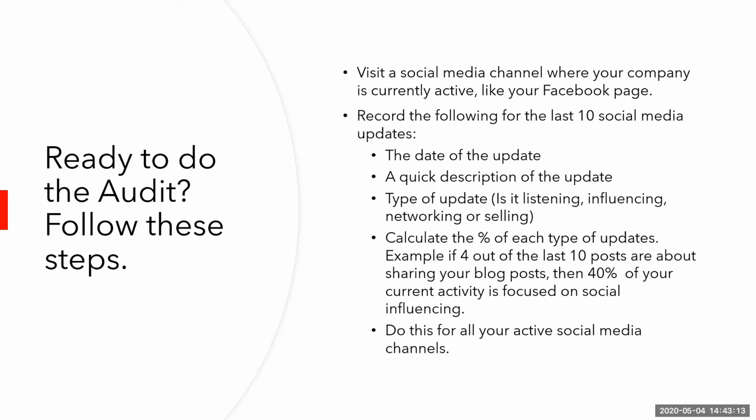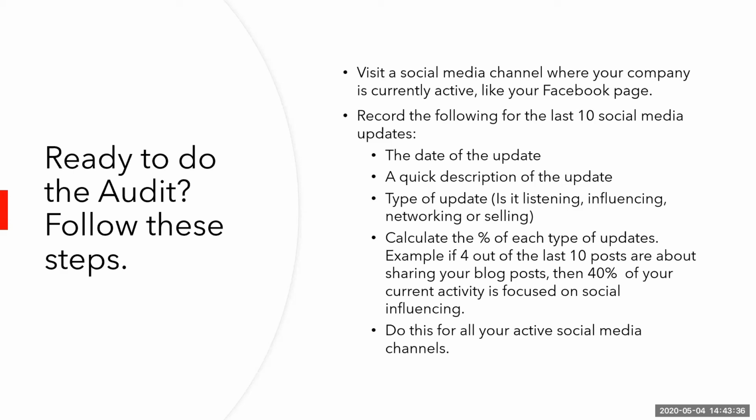Let's say your Facebook page. And then you record the following for the last 10 social media updates. Number 1, the date of the update. Number 2, a quick description of the update. What did you do? What was the post about? Then the type of the update. Is it listening, influencing, networking, or selling?